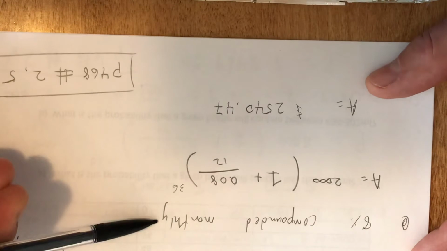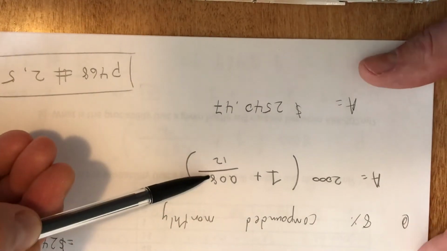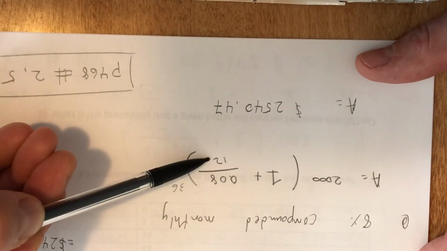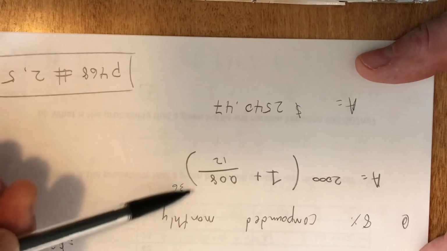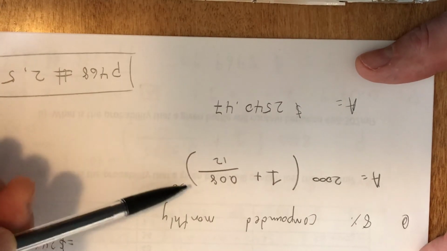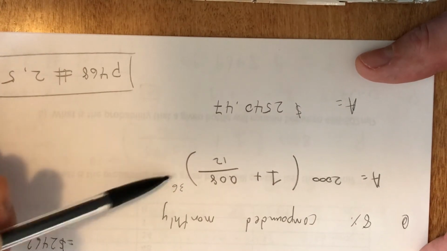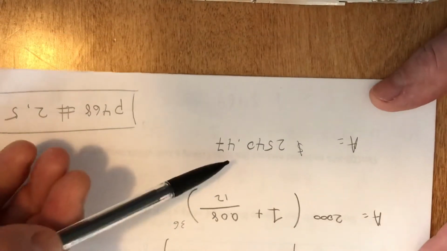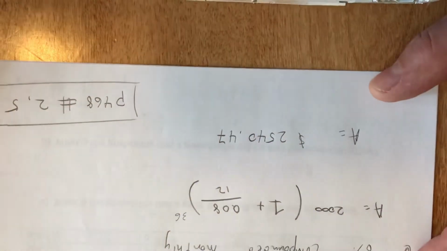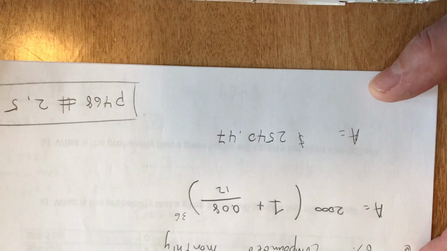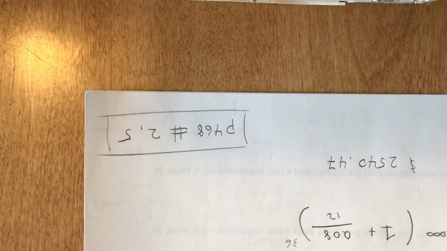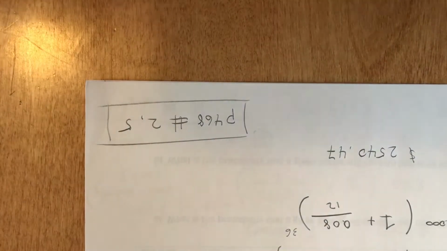How about 8% monthly? We take the 0.08, monthly is 12, and the power of 36, because 3 years every month, 3 times 12 is 36. When you BEDMAS it out, you get 2,540.47. Just verify that your calculator is getting those same numbers. Okay, 2 questions, page 468, number 2 and 5.